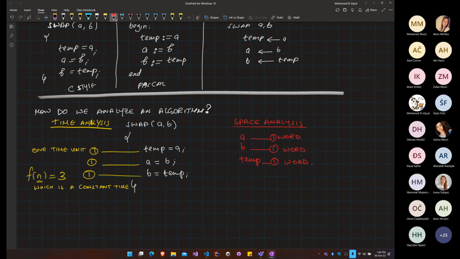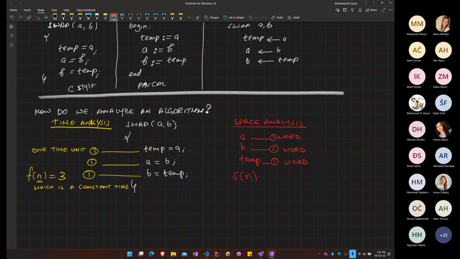Do you remember the word definition from Introduction to Information Technologies? I think 2 bytes is one word, as far as I remember. So the space analysis, S of n.